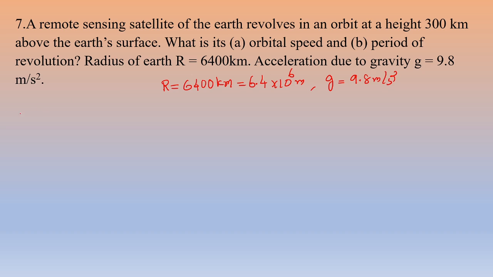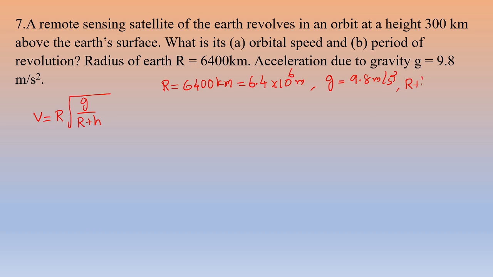So the orbital velocity, small v, is equal to r into square root of g divided by r plus h.